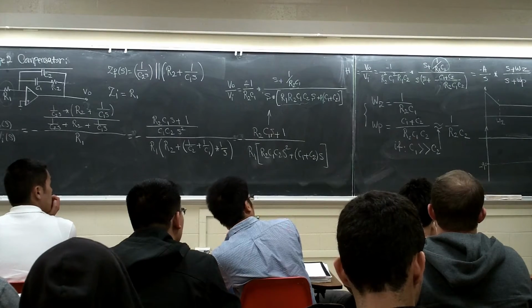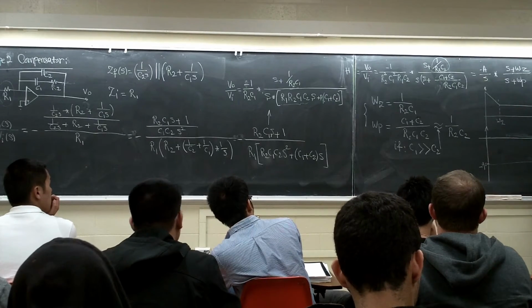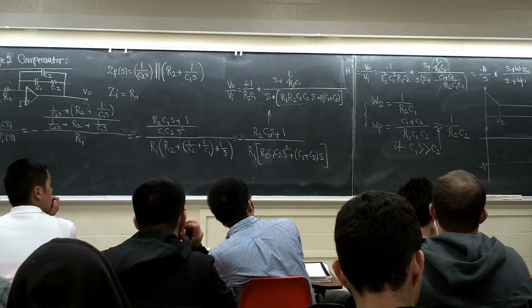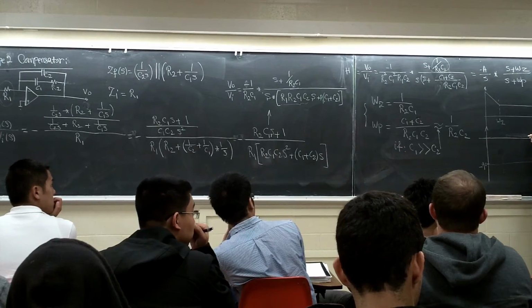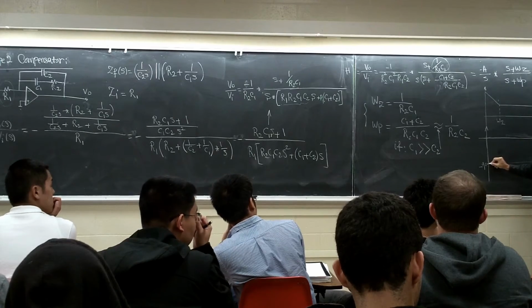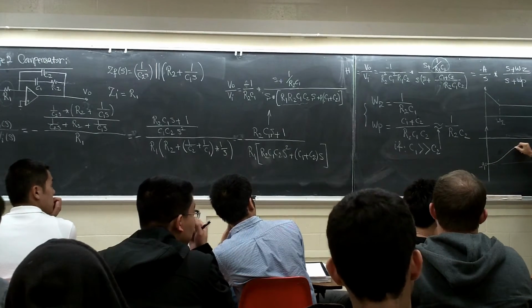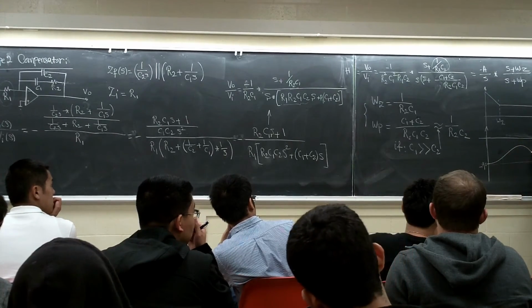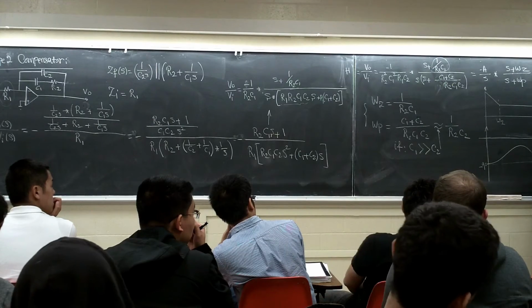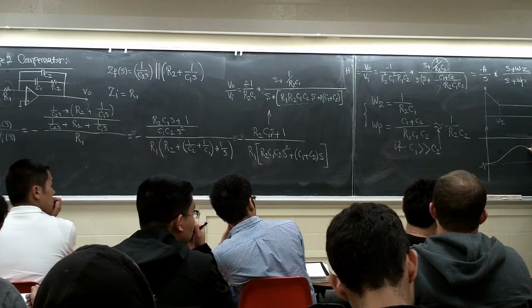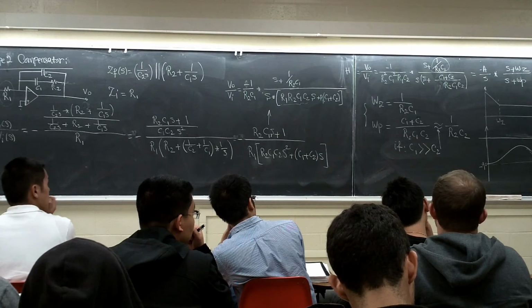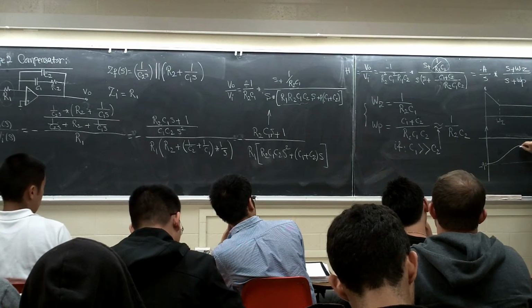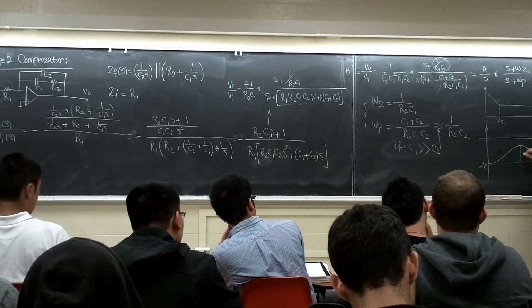But here, I'm going to talk a little bit more about this in our next class because we don't have time. You can see this one is stronger than this one. When we go from here, let's call this one boost, and we're going to stop here.